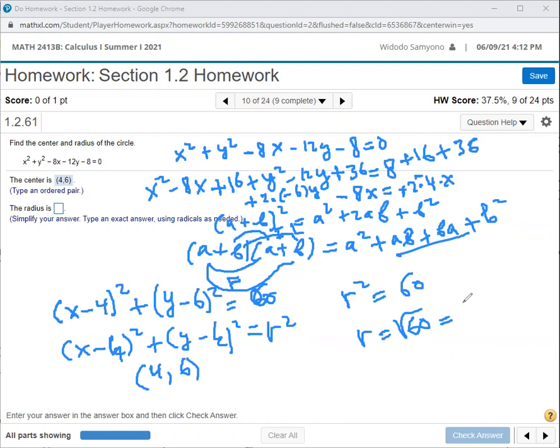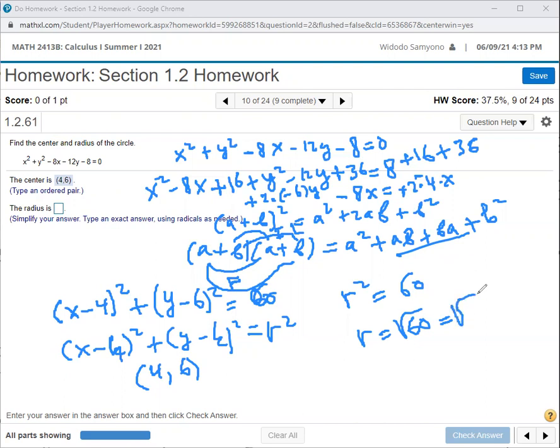Okay, so you need to write in radical, or using the square root, right?